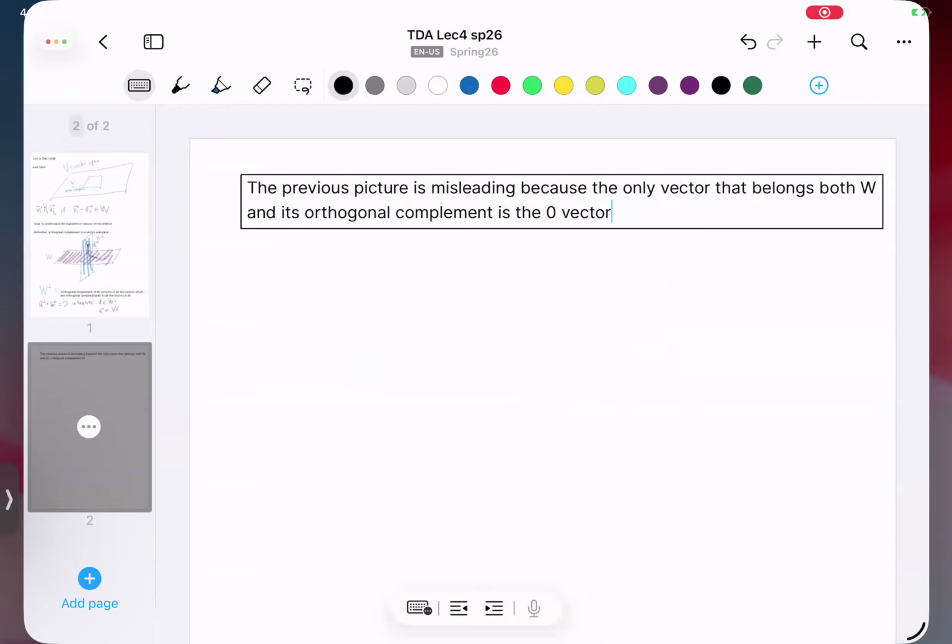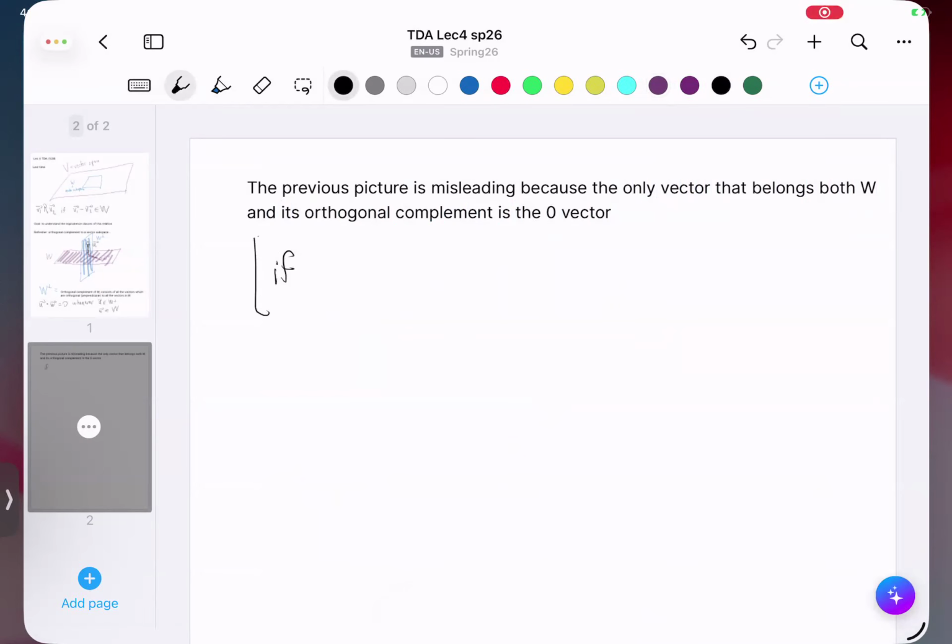Because if U dot U is zero, that's what it would mean for it to be on both of them. And that means that it's orthogonal to itself.